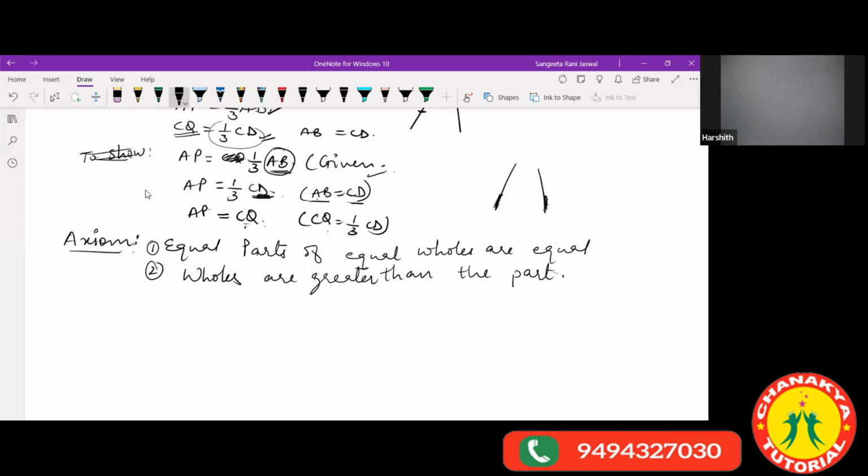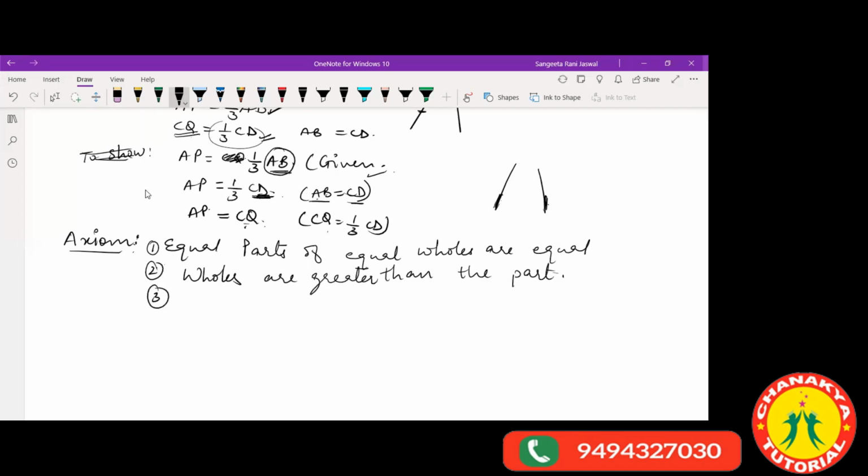Yes, ma'am. So just try to correlate which axiom or postulate closely relates to the situation. So wholes are greater than parts. We were talking about wholes and we equated the parts also. We are asked to give 3 axioms, so think of what we can do for the third one.